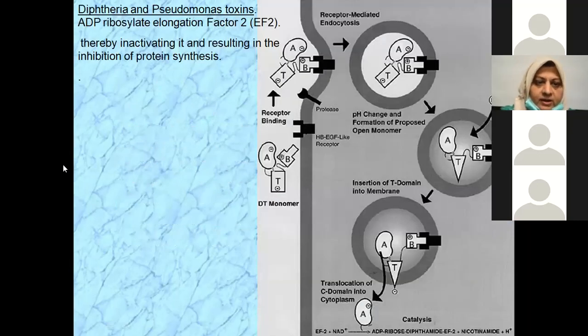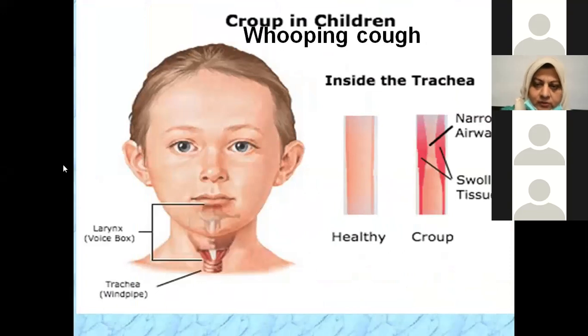So diphtheria and pertussis toxin both act in the upper respiratory tract, and they inactivate the protein known as elongation factor, and it causes tissue necrosis.